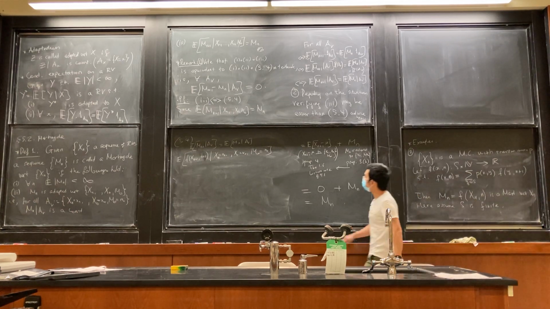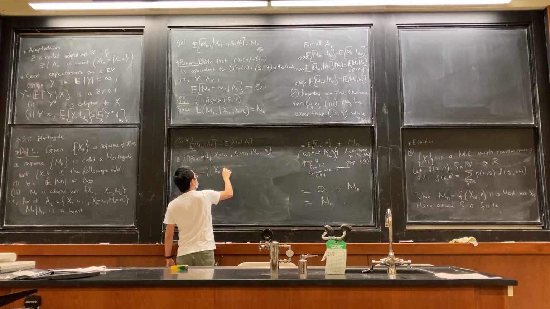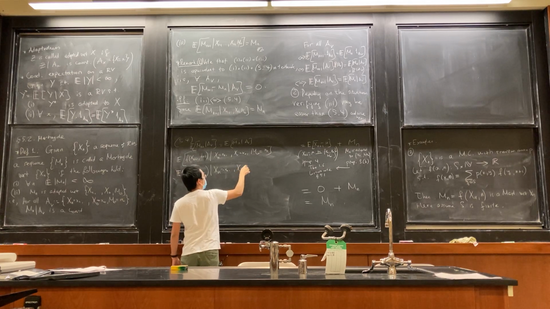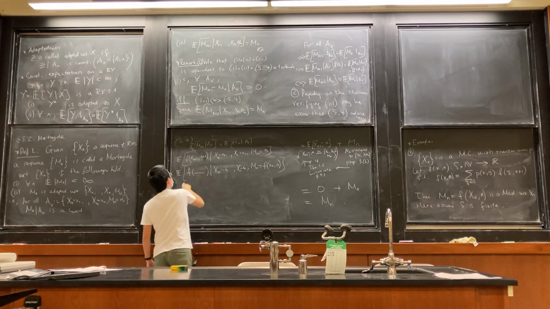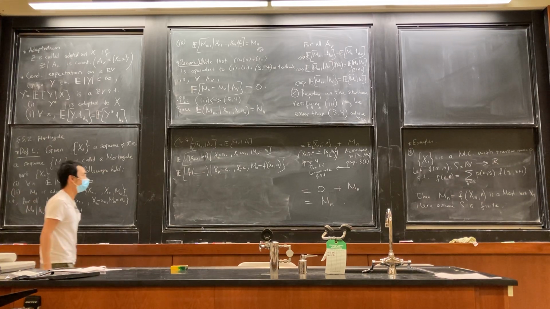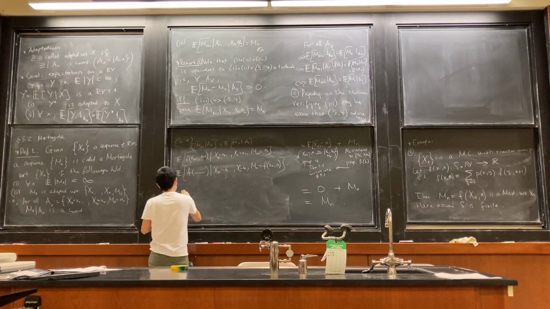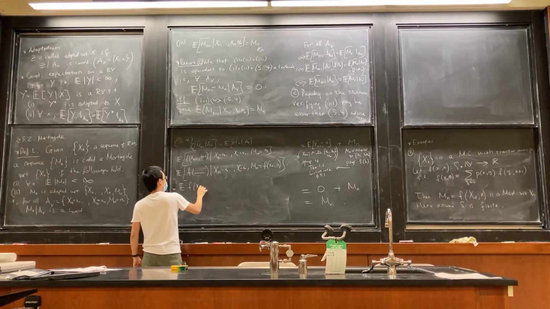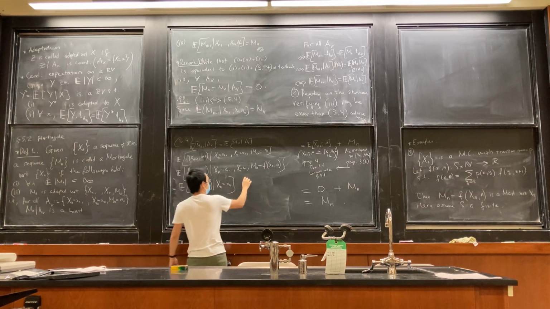M naught is just f of X naught, 0 here, which is just a constant anyway, depending on X naught, so it doesn't really matter. So by the Markov property, I forget everything else. So that is f of X n+1 conditioned on X n equals little x n. This is the Markov property.